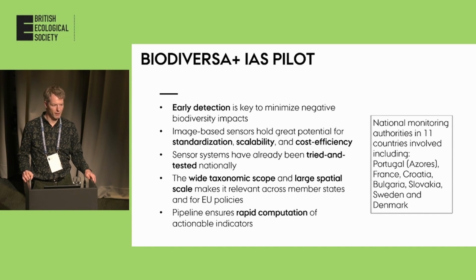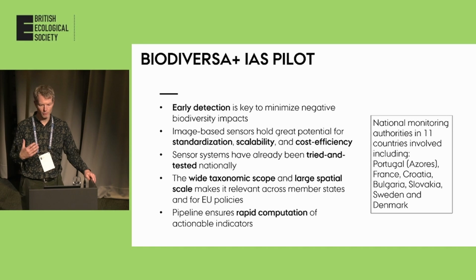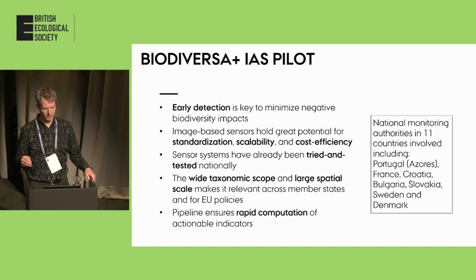We also believe that with the sensor approach, we capture both the presences and the absences, so we have a more standardized way of understanding when colonization happened and how fast a population is spreading.